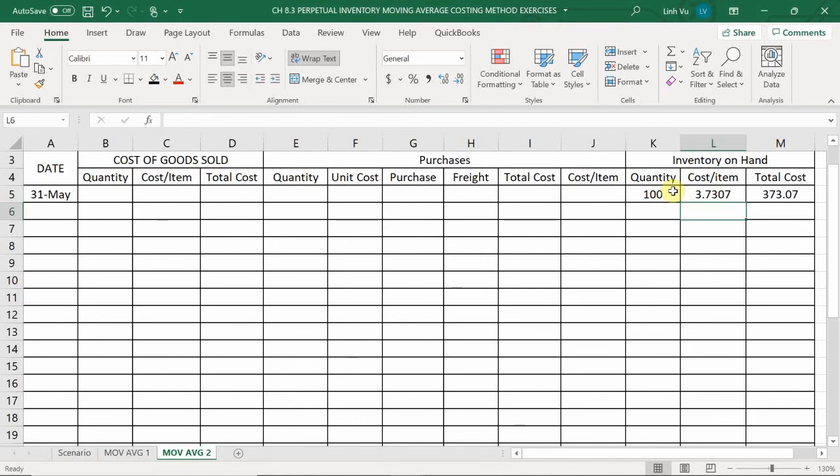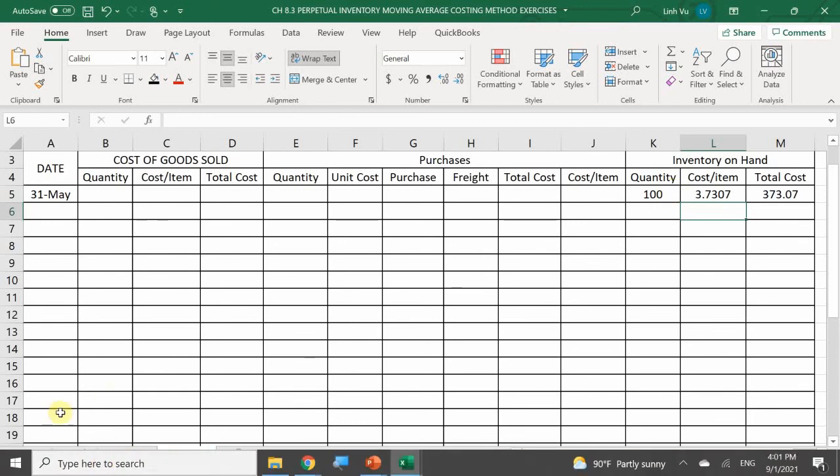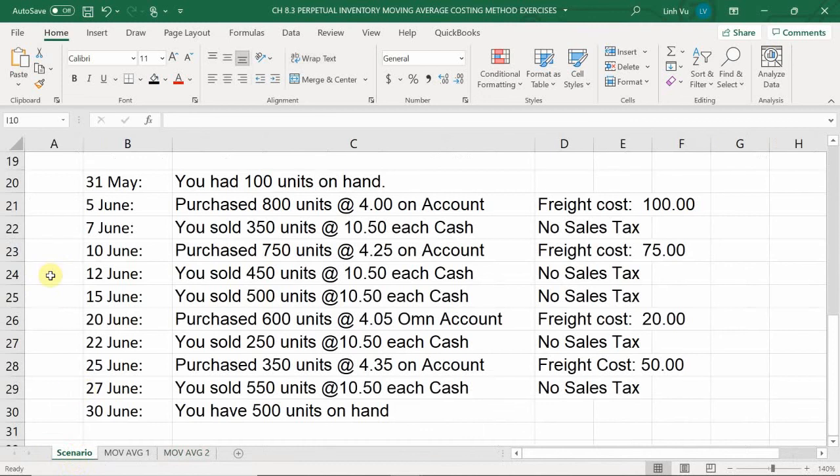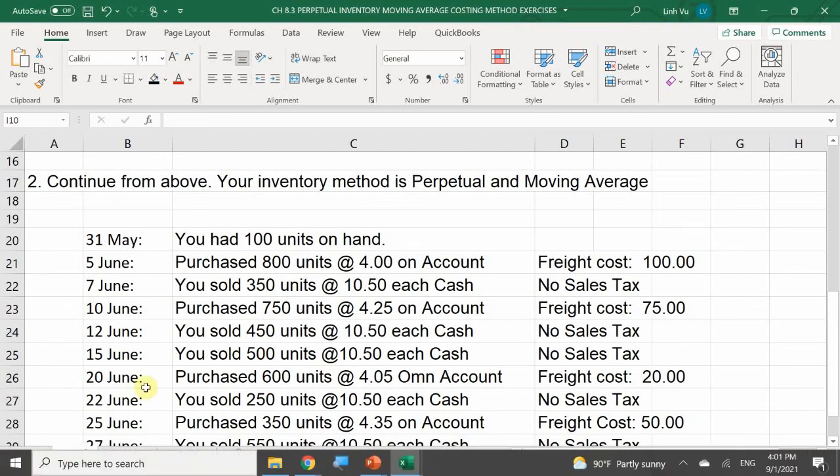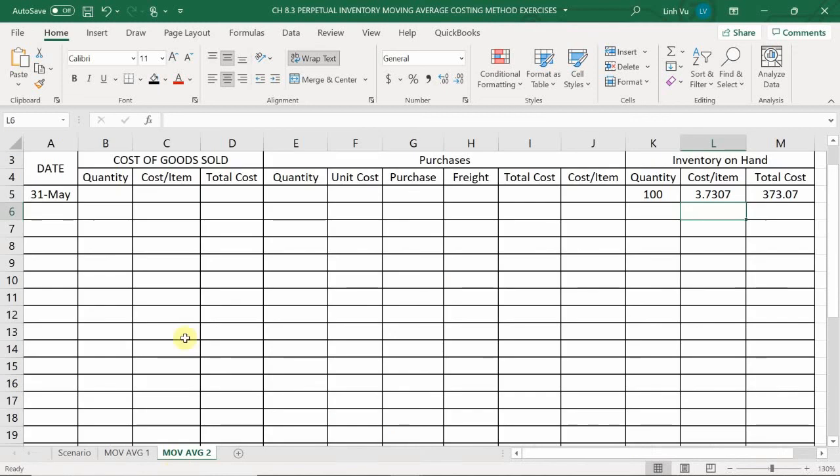So let's continue on with June. On June 5th, we purchase 800 units at $4 each with a freight cost of $100.